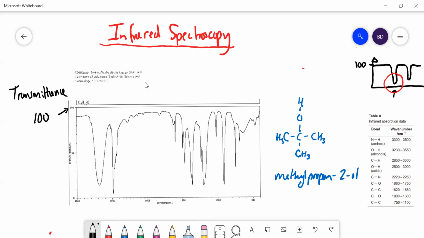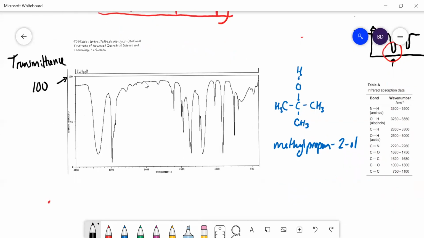Now along this bottom here, I said that you had frequency, but if you look there, it actually has this rather strange thing called a wave number, and the units of that are per centimeter. So here, this has got 500 per centimeter. That means you can fit 500 of your wavelengths into 1 centimeter.